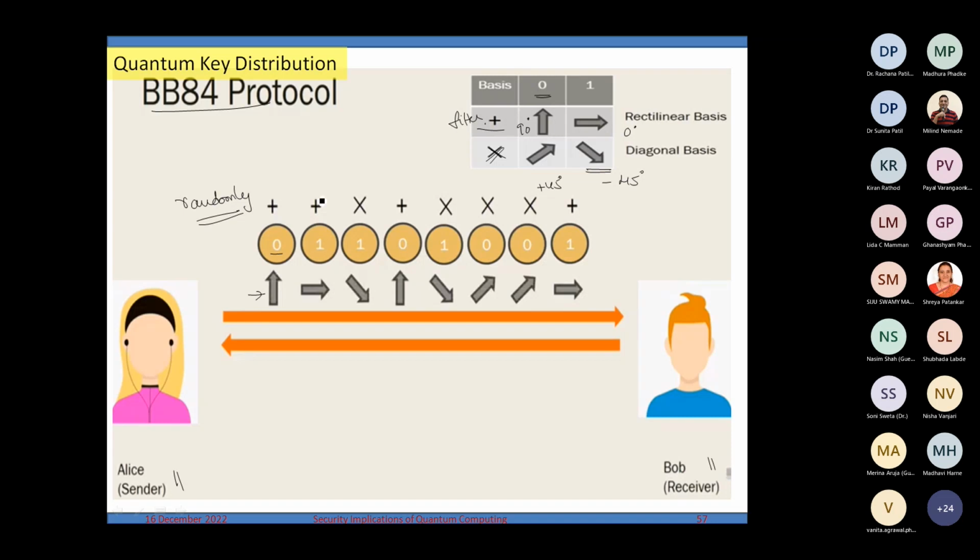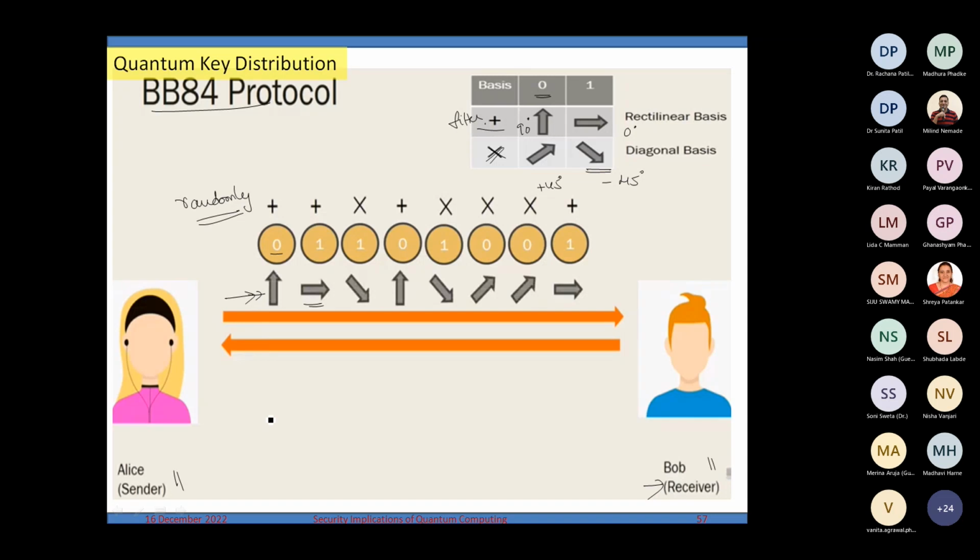Similarly, when 1 is sent via the rectilinear basis, you get the corresponding state like this with 0 degrees. When 1 is sent over the diagonal filter, you get the state of minus 45 degrees. Like this, you get all these states, and then the light is sent over the quantum communication channel to Bob.